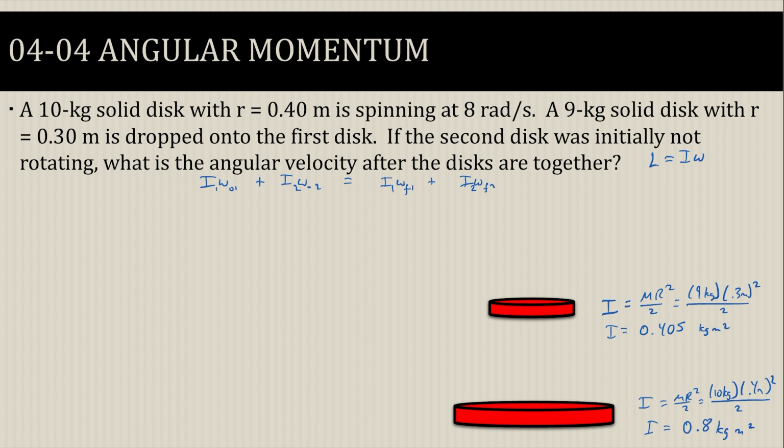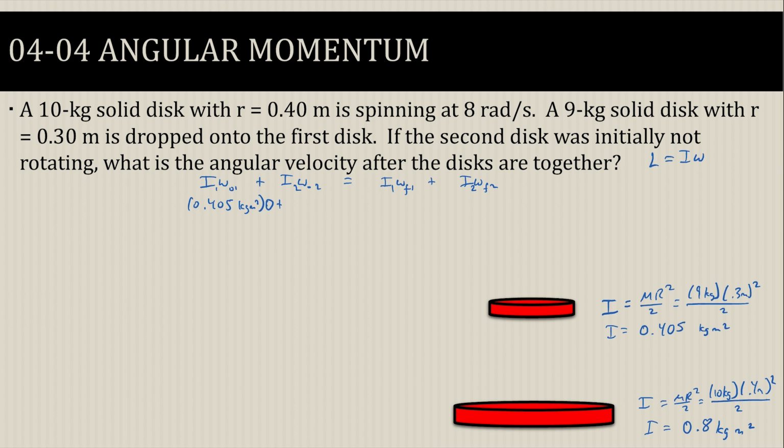So we have 0.405 times the angular velocity of the smaller one, the 9 kilogram, which was not initially rotating.